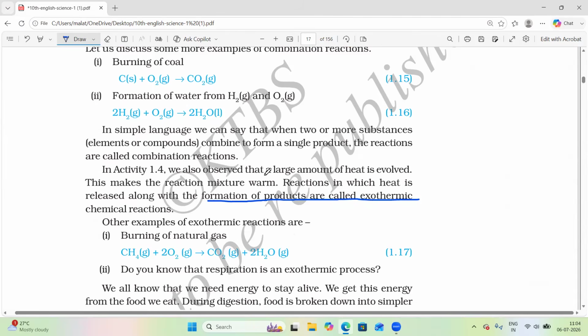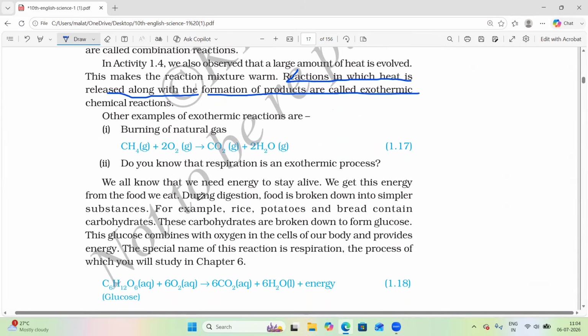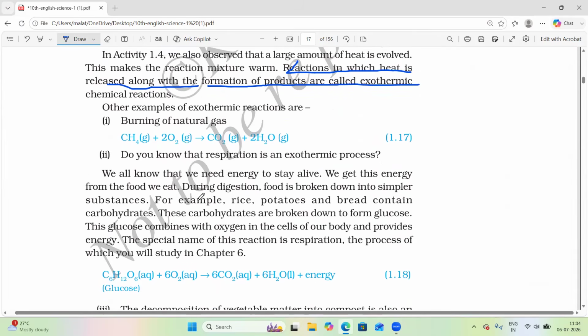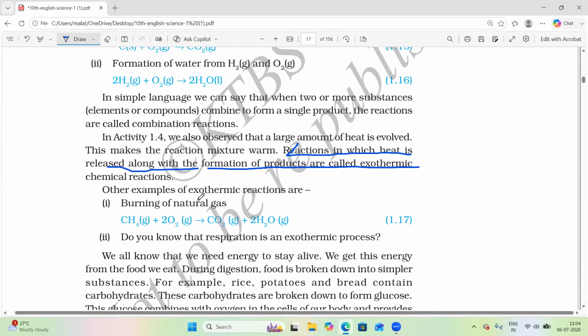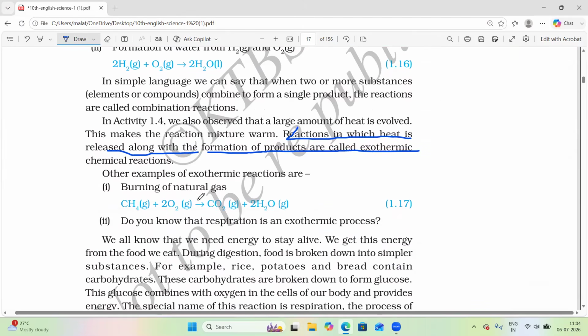So heat is released when the reaction takes place along with the products. One example we can take here is the burning of natural gas, that is methane, CH4.